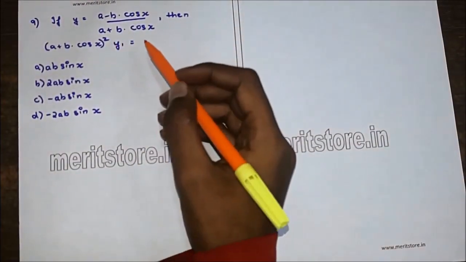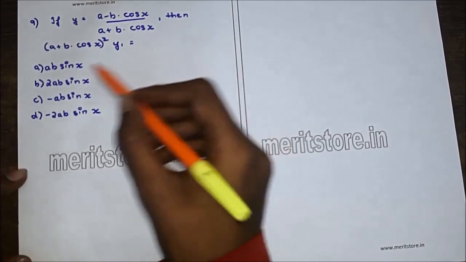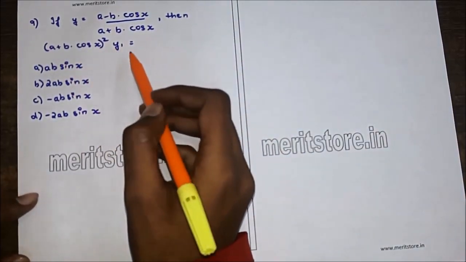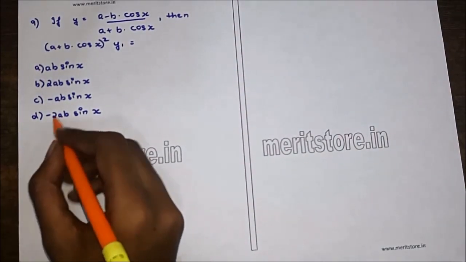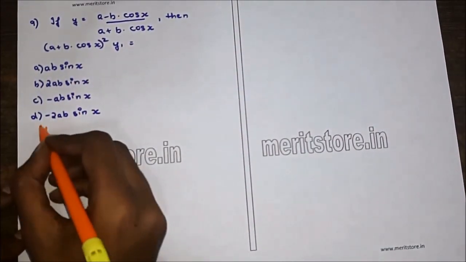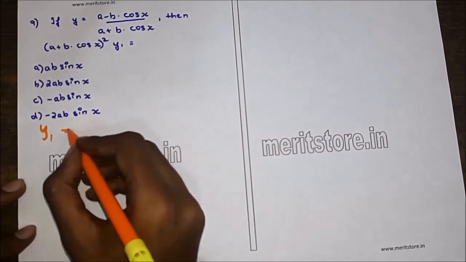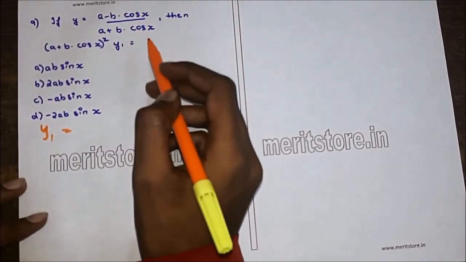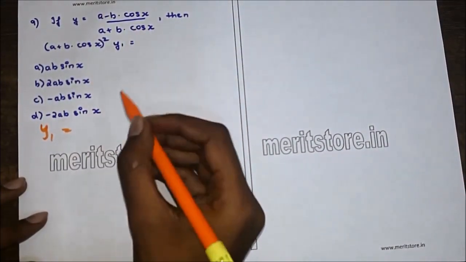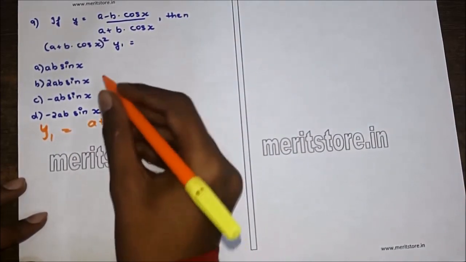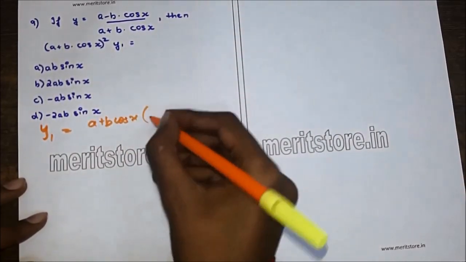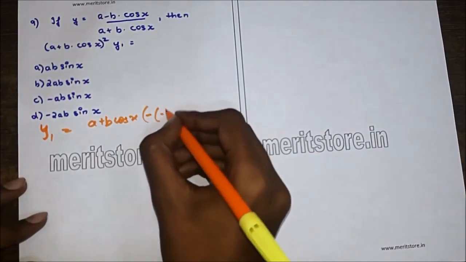If y is a minus b cos x upon a plus b cos x, then a plus b cos x the whole square into y1 is, these are the options. So firstly differentiate y with respect to x. So y1, that is first derivative of y is, this is in the form of u by v. So it is v into derivative of u, that is a plus b cos x, into derivative of minus b cos x is minus of minus b sin x.